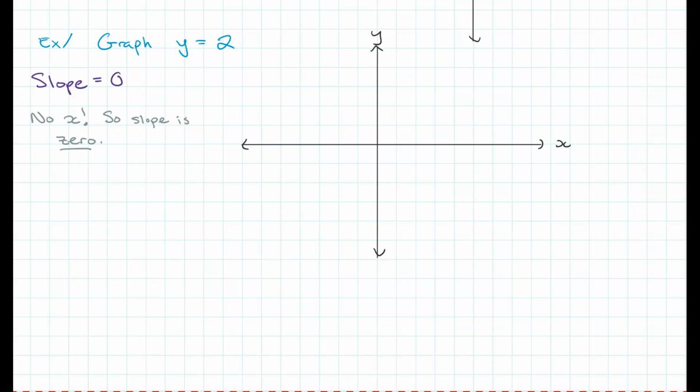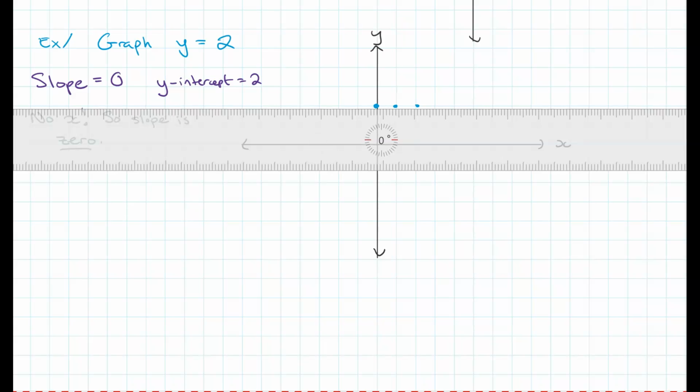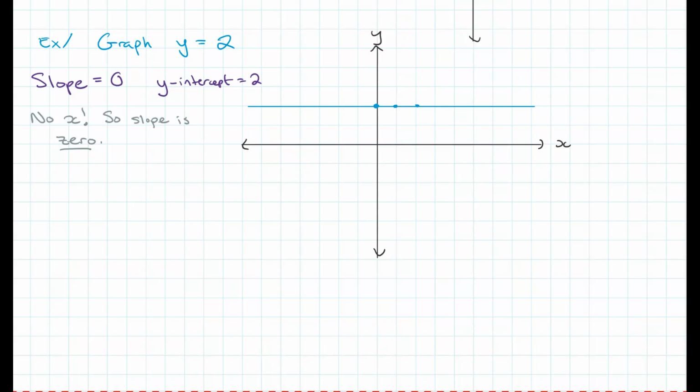So the slope is 0, and the y-intercept is the thing that is not in front of the x. It's the number 2. So I'm going to put a dot on the y-axis at 2, and I'm going to have a slope of 0, rise of 0, run of 1, and connect these dots, and I should get a flat horizontal line where all the y parts are 2.